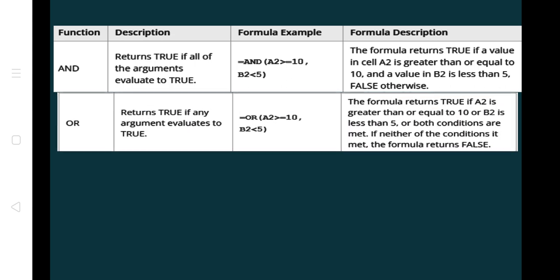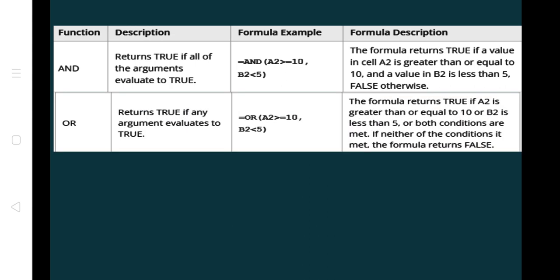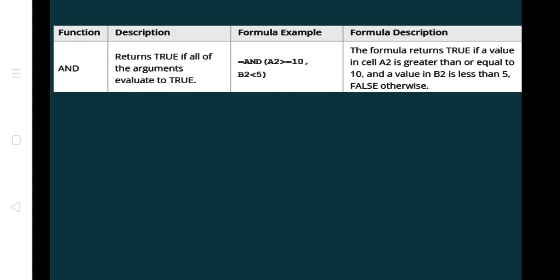Now next are the logical functions. We basically have three logical functions: AND, OR, and NOT, and XOR is an additional function. First let us see the AND function. The AND function returns true if all of the arguments are true. The example given is equal to AND, within brackets, A2 greater than or equal to 10 comma B2 less than 5, meaning if the content of cell A2 is greater than or equal to 10 and the content of cell B2 is less than 5, it gives the value true.